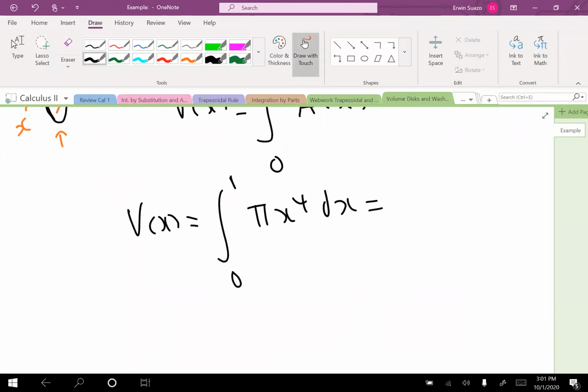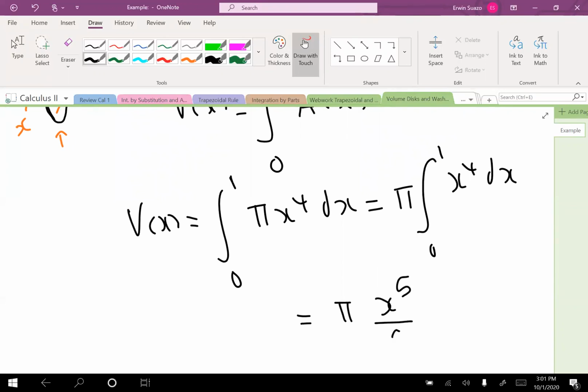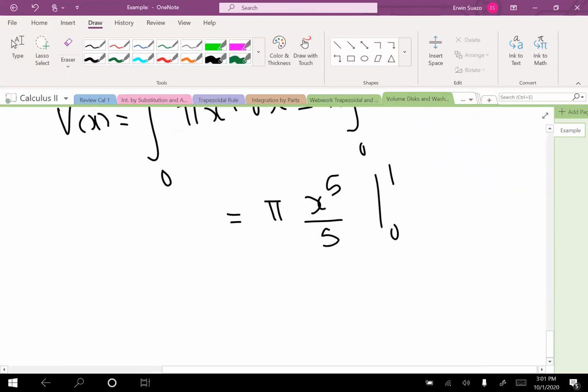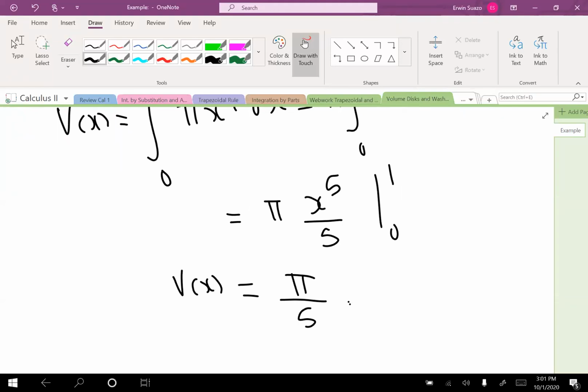And that will be pi times the integral between 0 and 1 of x to the 4 dx. And that will be pi x to the 5 divided by 5 between 0 and 1. And then you will get pi divided by 5. Okay, so that's my volume. Now we can move on.